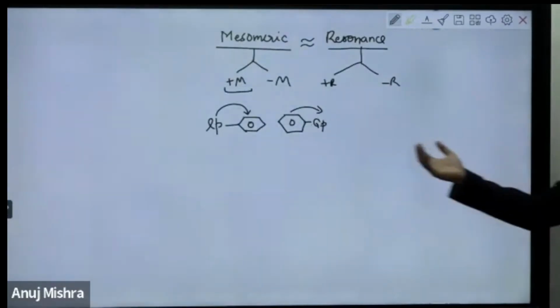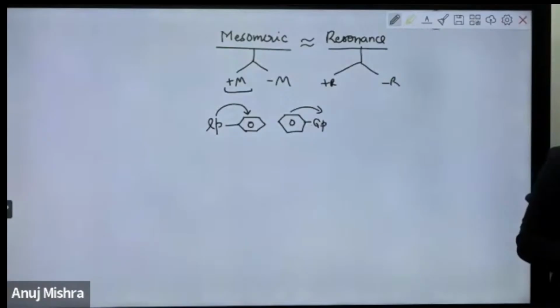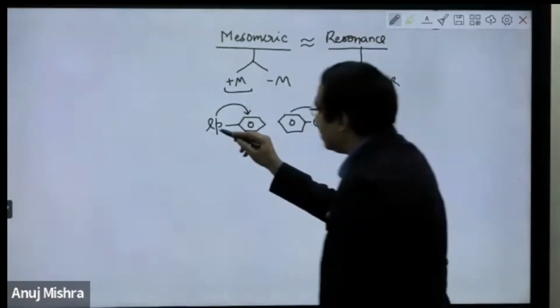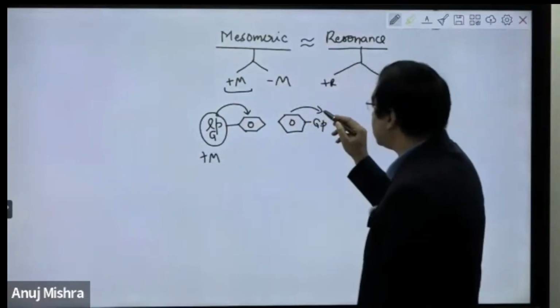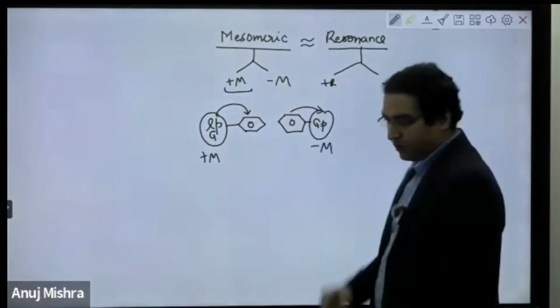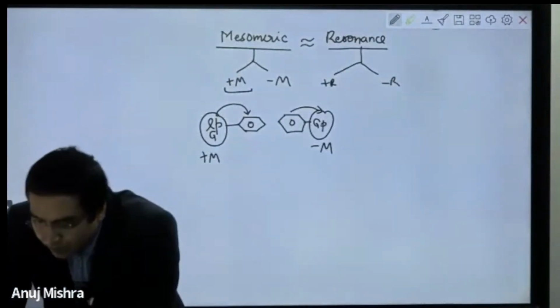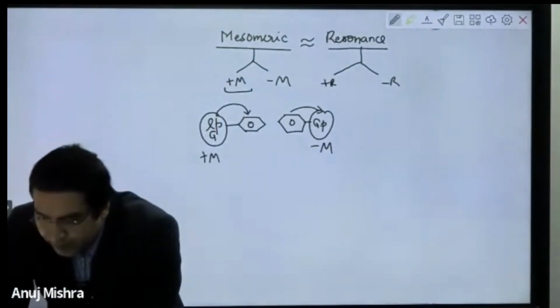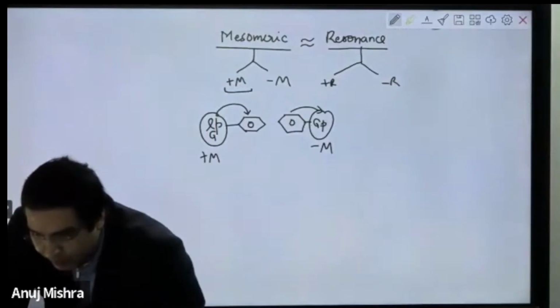The other case is you are pulling it outside. First case comes in plus M. Second case is minus M. Who is plus M? This lone pair group is the plus M group. And who is minus M in this? This group which is pulling electron is minus M. Is it clear? Niharika, Chinmay, is it okay? Any difficulty or issues in this part?